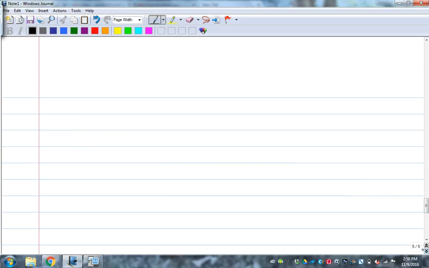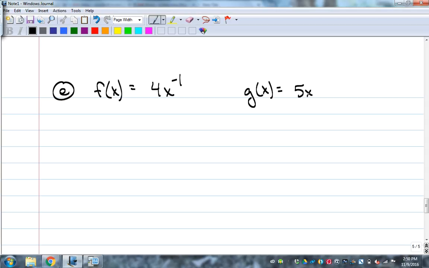Let's look at one that does. Here's our f of x function, 4x to the negative 1, and then our g of x function is 5x minus 2. Now, your book doesn't teach it this way, but my advice to you is fix negative exponents before you even start, because it makes it easier.